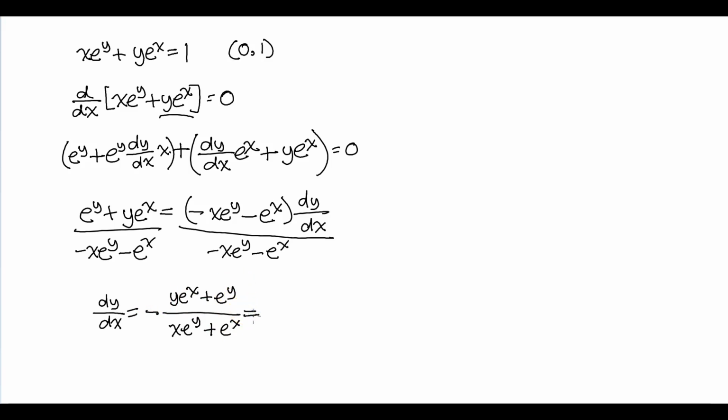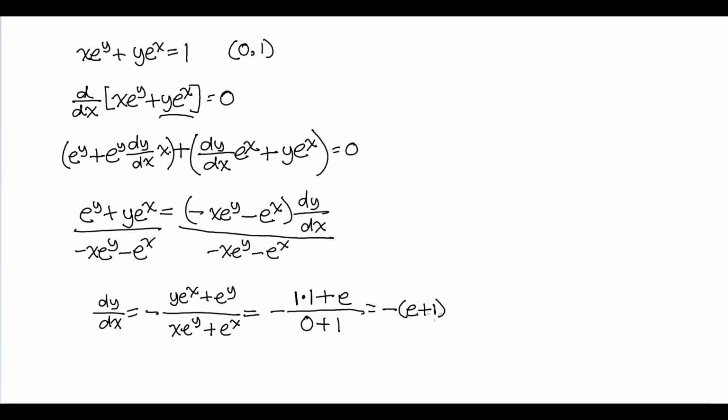Now, if we plug in 0, 1, what do we get? Well, we have 1 times e to the 0 is 1, plus e to the y, e to the 1 is e, over x e to the y, so x is 0, that's 0, plus e to the x is 1. We have negative e plus 1, that's our slope.